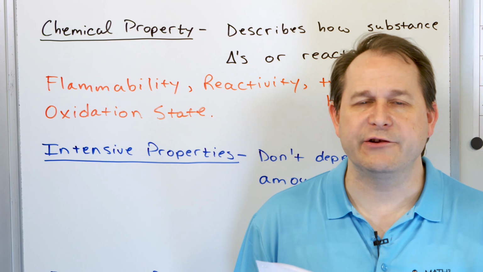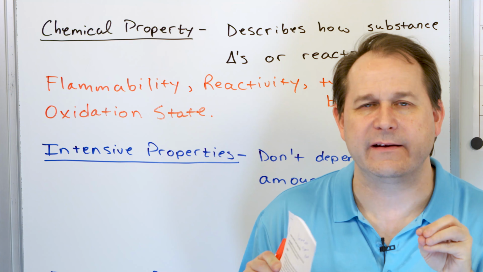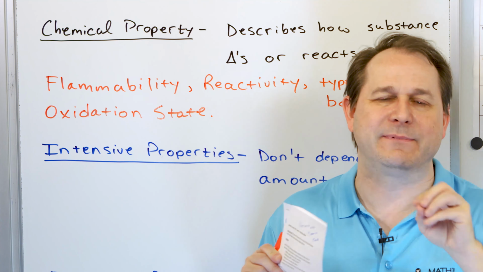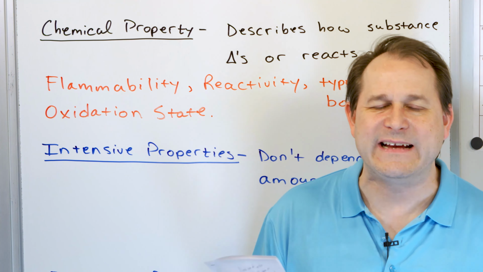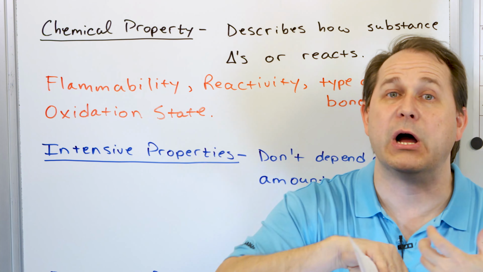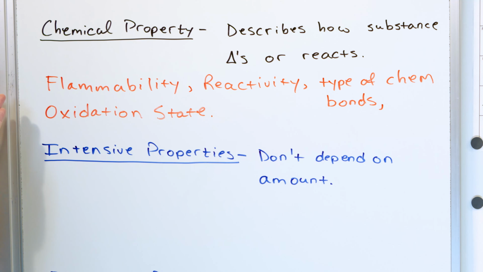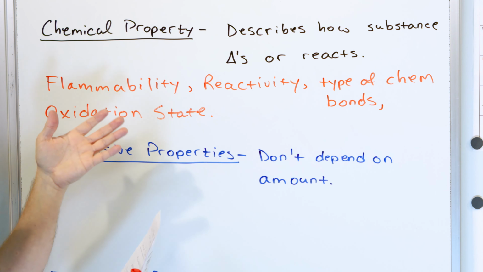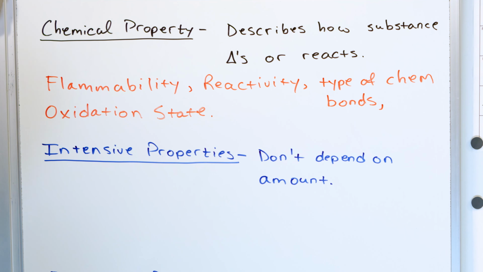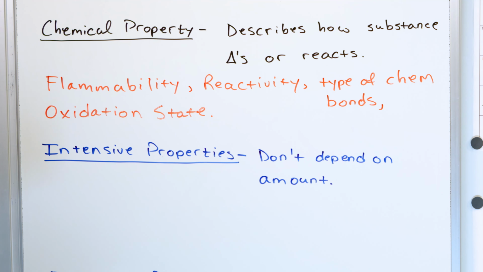The oxidation state of an atom we're going to talk about all relates to how willing it is, or how much it donates electrons to other atoms or accepts electrons from other atoms, because as I said, all of chemistry is related to what happens with the electrons which cause things to bond together, okay? So these are all chemical properties. They require a change in the substance, a chemical change, in order to measure them, whereas for the physical properties, in all of these examples, we didn't make any changes, we just observed, okay?